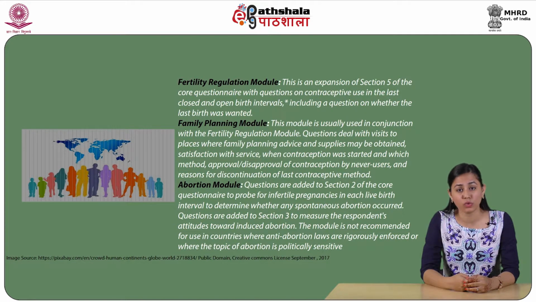This module is usually used in conjunction with the Fertility Regulation Module. Questions deal with visits to places where family planning advice and supplies may be obtained, satisfaction with service, when contraception was started and which method, approval or disapproval of contraception by never users, and reasons for discontinuation of last contraceptive method.